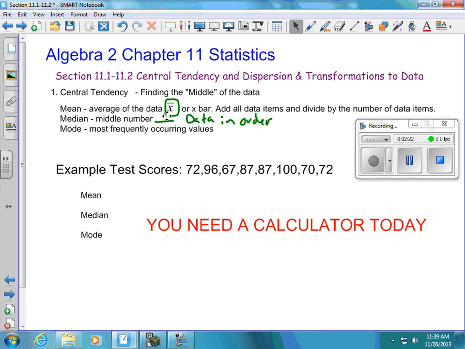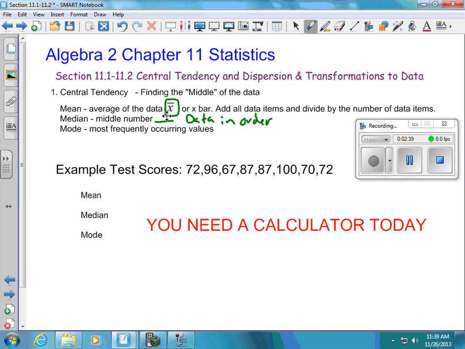We've all done mean, median, and mode by hand before. Real quick, I'm going to show you one more time, but we also are going to need a calculator when we're in class, so I'm going to show you how to do it on the calculator as well.